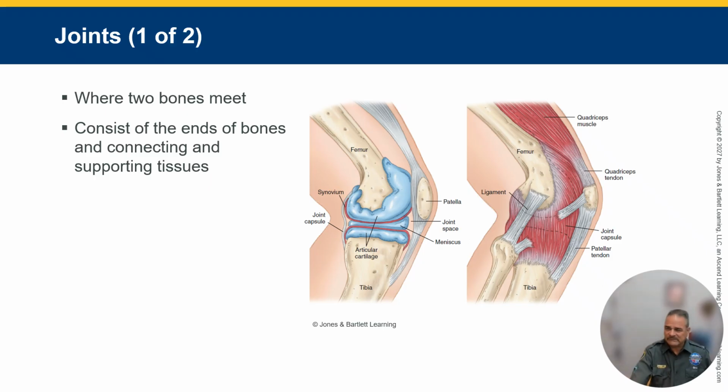And then the bone ends of a joint are held together by a fibrous sac called a joint capsule. The articular cartilage allows the ends of the bones to glide gently. And then a synovial membrane is the inner lining of the joint capsule, which produces synovial fluid, otherwise good old WD-40 for our bones, so they can glide against each other.